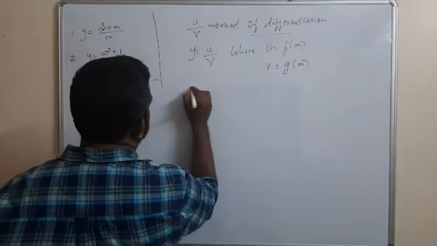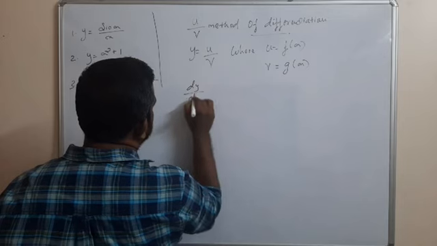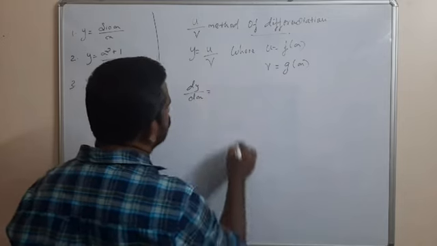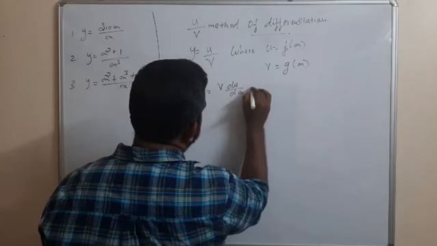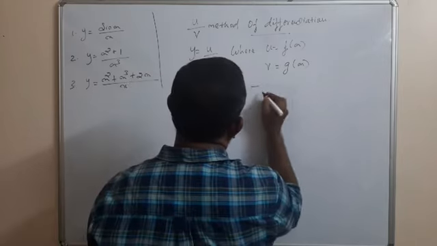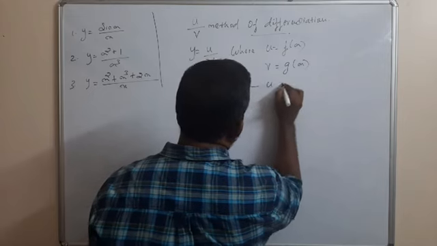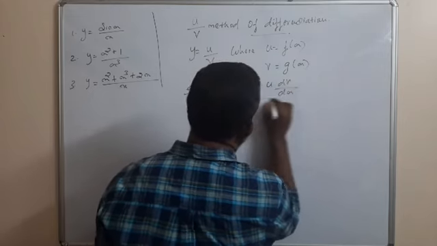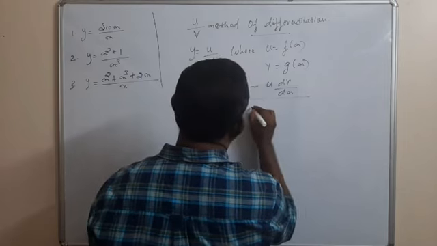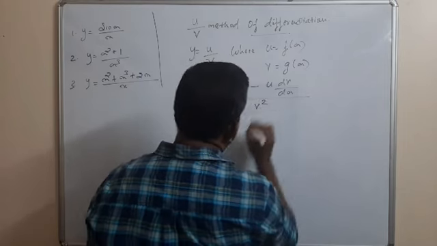That is dy by dx equal to v into du by dx minus u into dv by dx, the whole divided by v square.